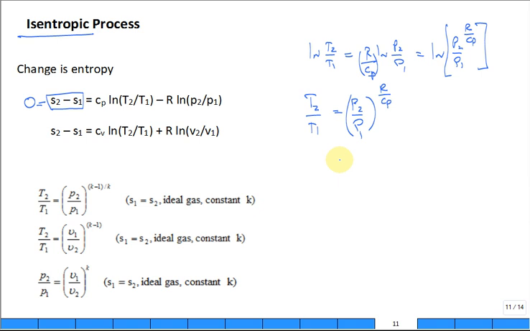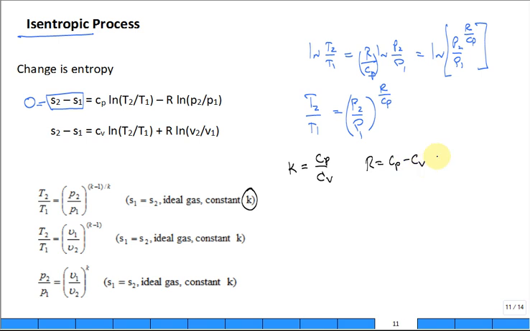But there's a relationship between these R's, C sub P's, and C sub V's. We recall K is equal to C sub P over C sub V. True or false? And do we recall that R is C sub P minus C sub V?